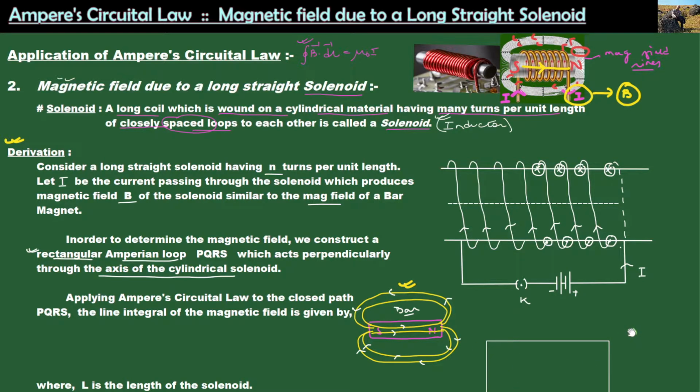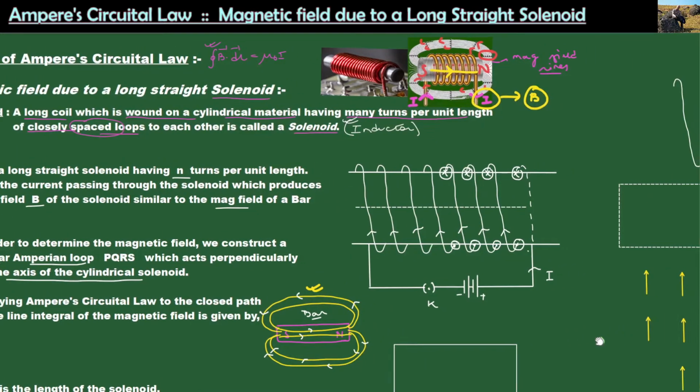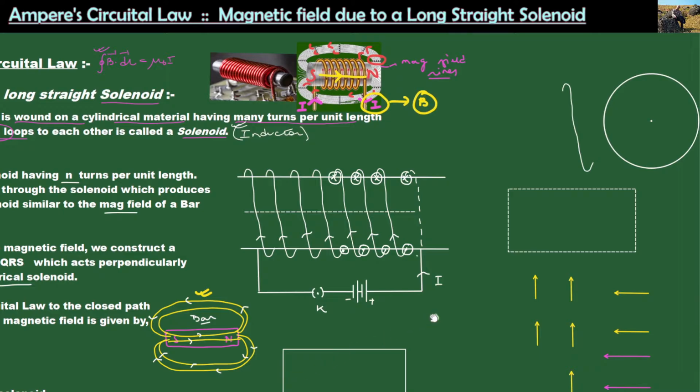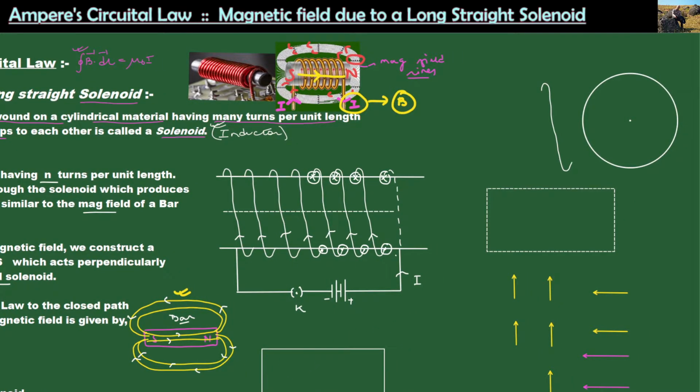So here comes the important step that requires your attention. Let us take this rectangular Amperian loop, so I will draw a rectangular Amperian loop like this, which cuts through the solenoid.